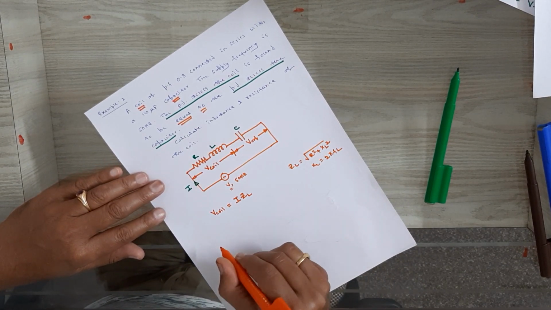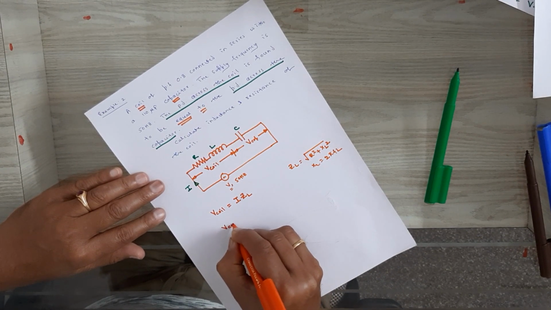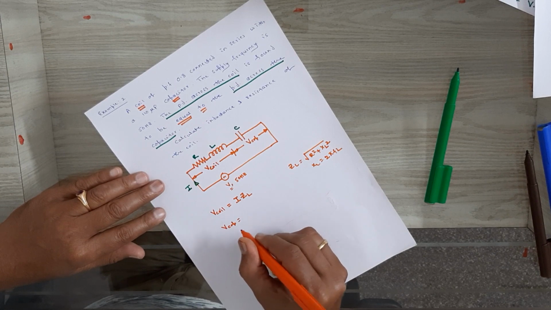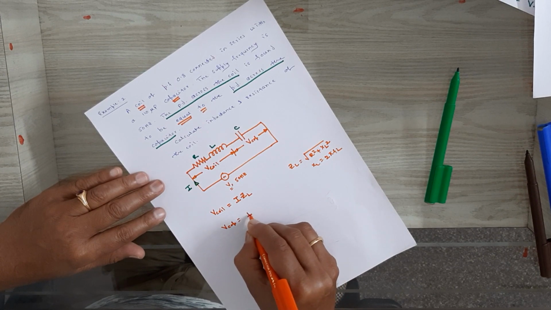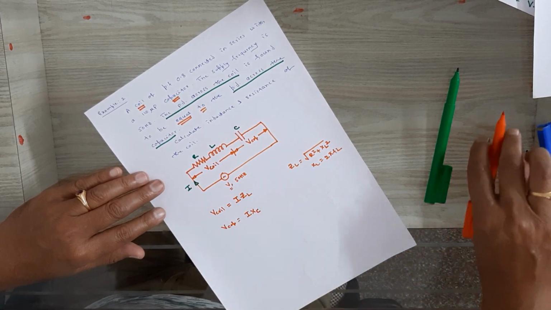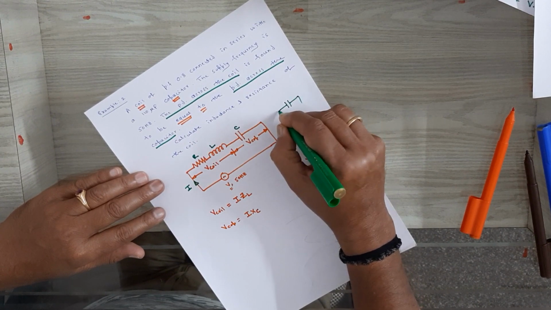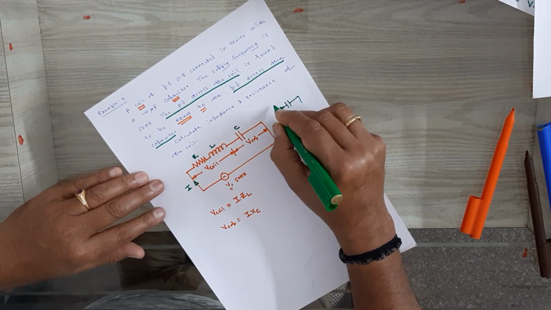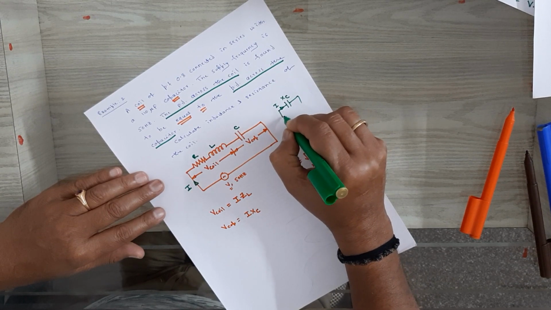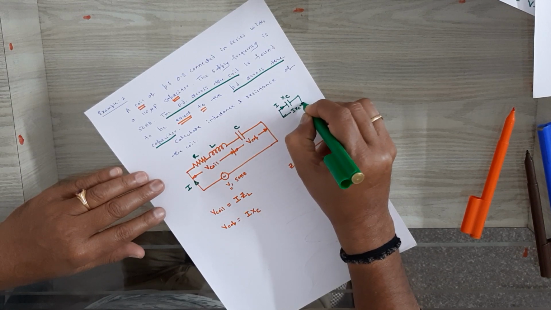Okay. Now, the voltage across the capacitor I will write as V cap is equal to what? It is a product of I into XC. If you have only a capacitor circuit, and the current is flowing here and it has a capacitive reactance XC, then the voltage is a product of I into XC.